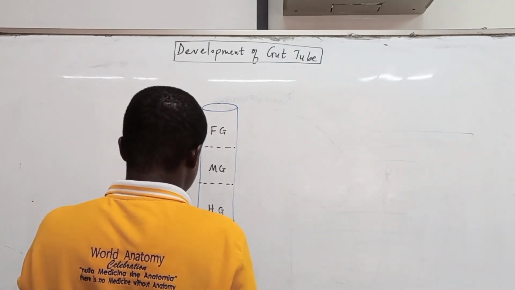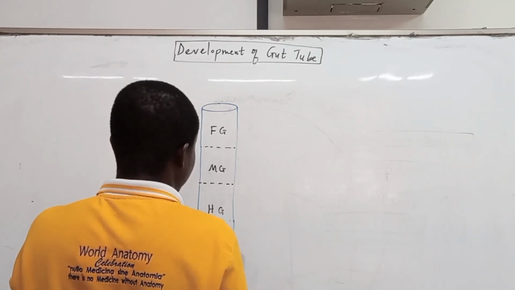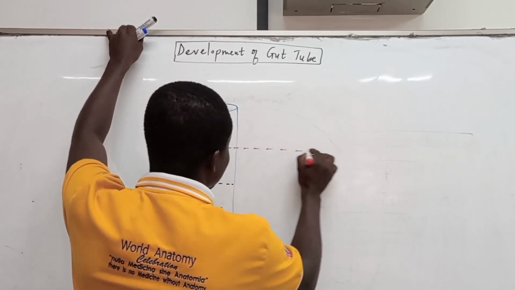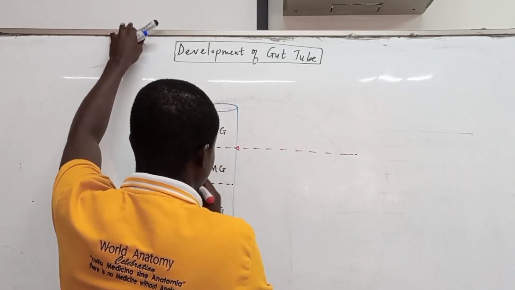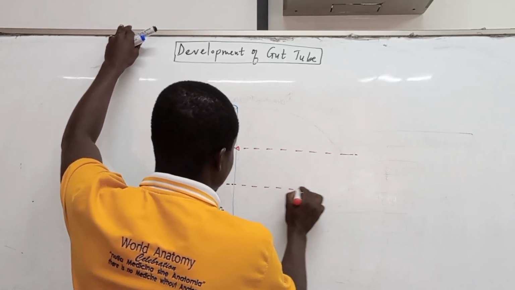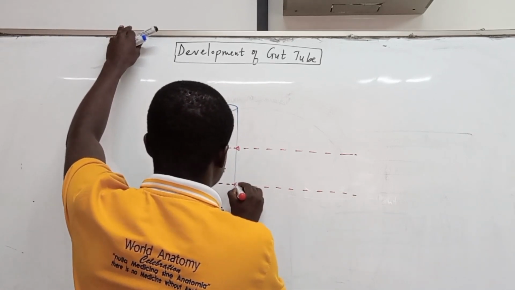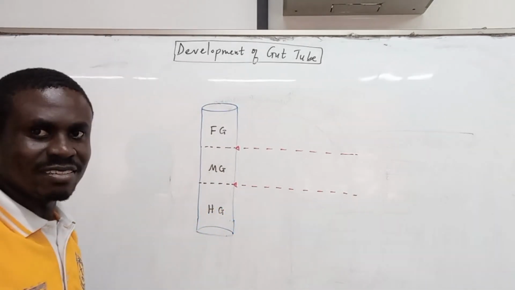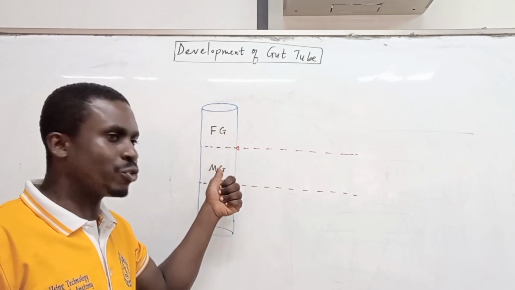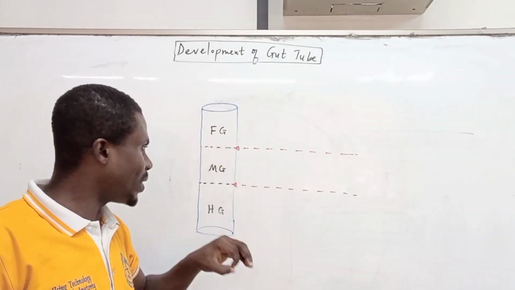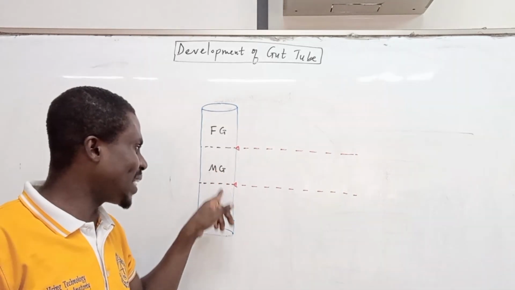There's a junction over here. Okay, there's a junction at the level of the foregut going to that of the midgut. There's another junction that separates the midgut from the hindgut.